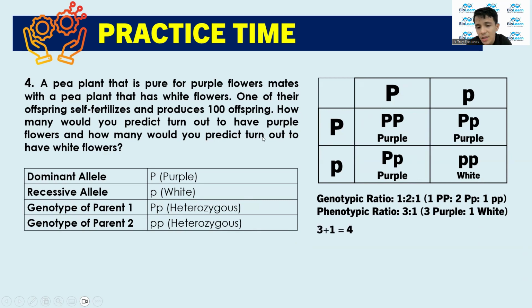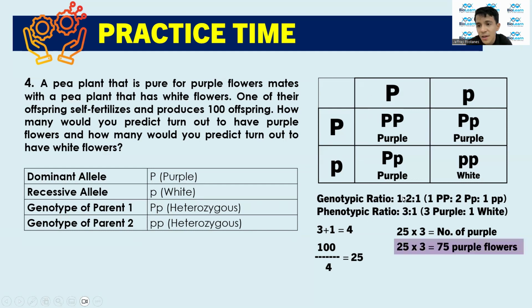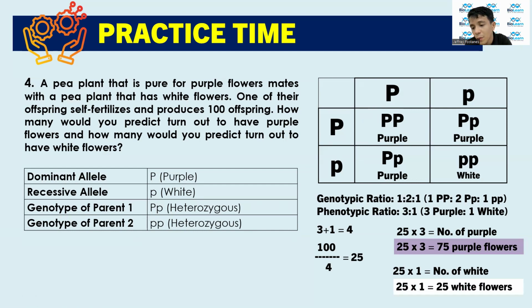We can say that 3 plus 1 is equal to 4. 100 divided by 4, that's 25. You're now going to multiply 25 to the ratio. So that's 25 times 3 to identify the number of the purple flowers. That's 75. And that's 25 times 1 to identify the number of white flowers. That's 25 white flowers. And that's equal to 100.